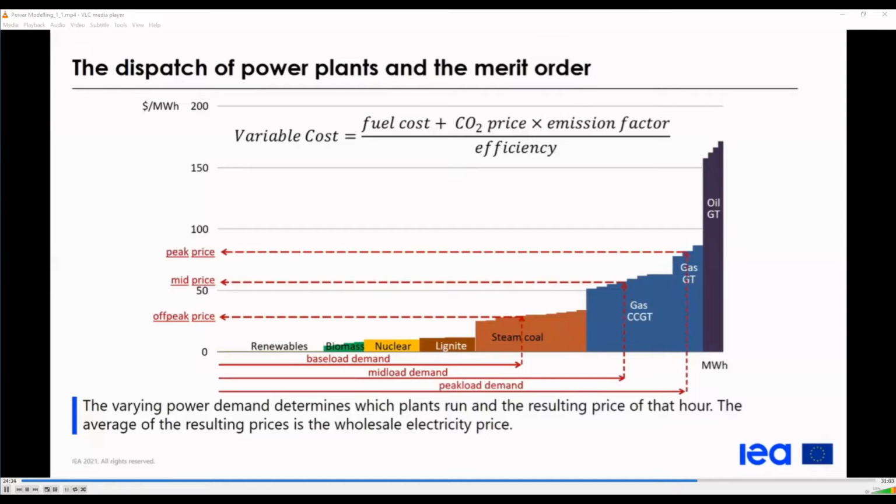When we average this resulting price over the whole 8,760 hours of a year, we can determine the average annual electricity wholesale price.